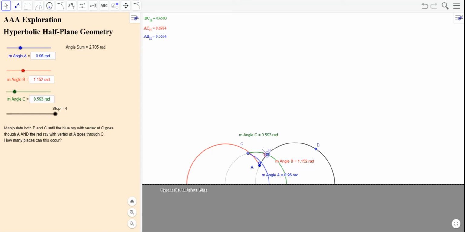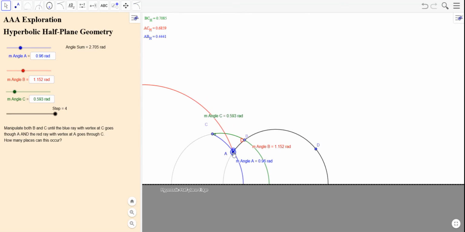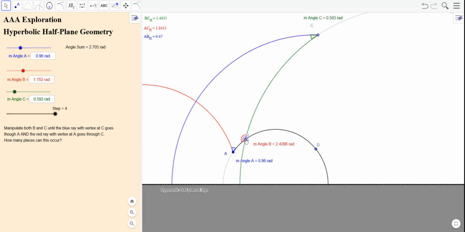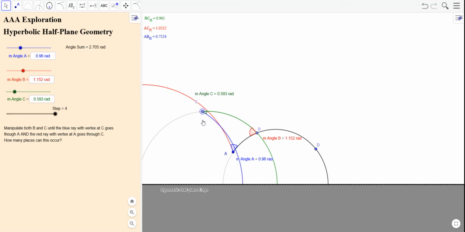But that's what we'd have to do. I actually had it pretty close a few minutes ago. It's hard. See, I'm just manipulating this thing and trying to see.